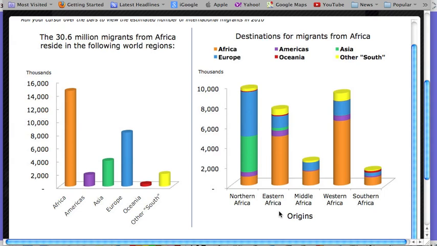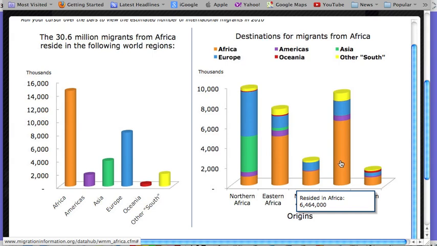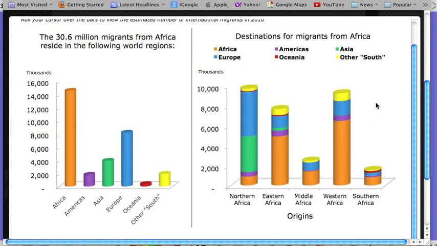Eastern Africans, you can see most of them are staying within their own African country or countries surrounding that. West Africa, again, most Africans are staying within West Africa. You can see a few going to the Americas and to Europe. And in Southern Africa, most are not actually even migrating.